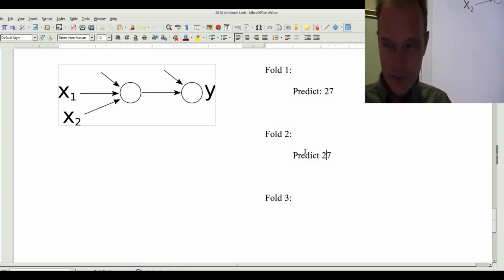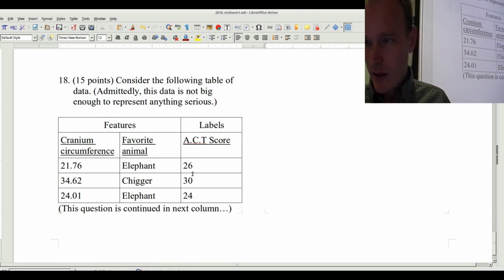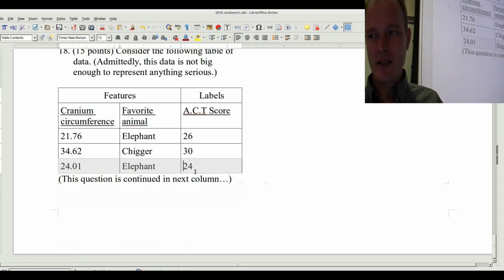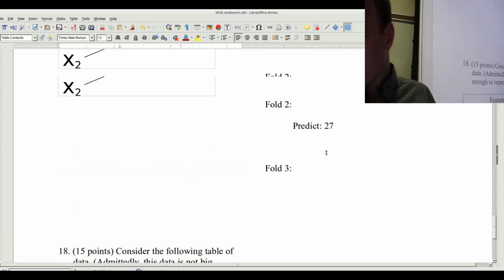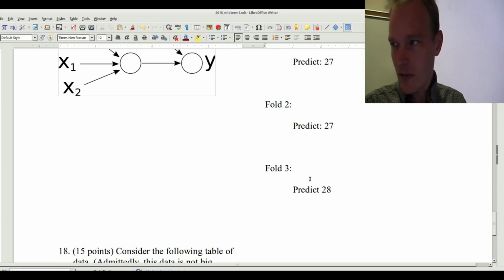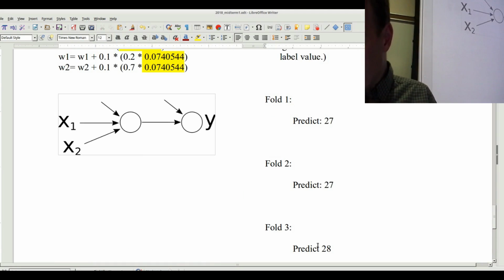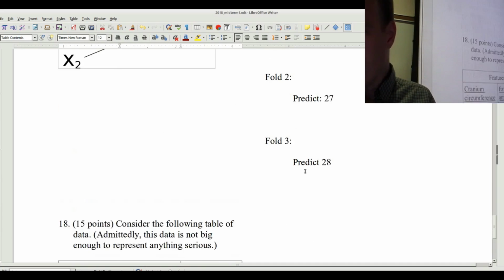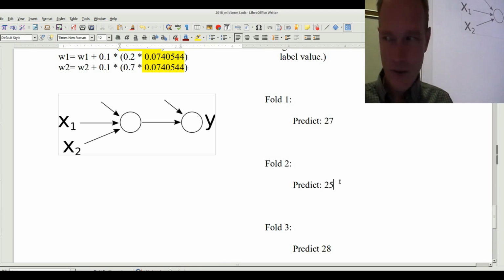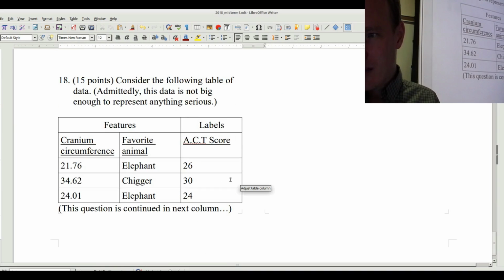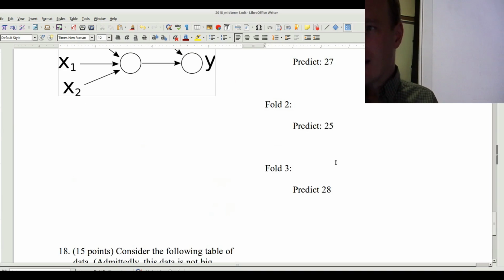And when we're withholding this pattern, it will predict 28, because 28 is the average of 26 and 30. Second one's 25. This time it predicts 28.